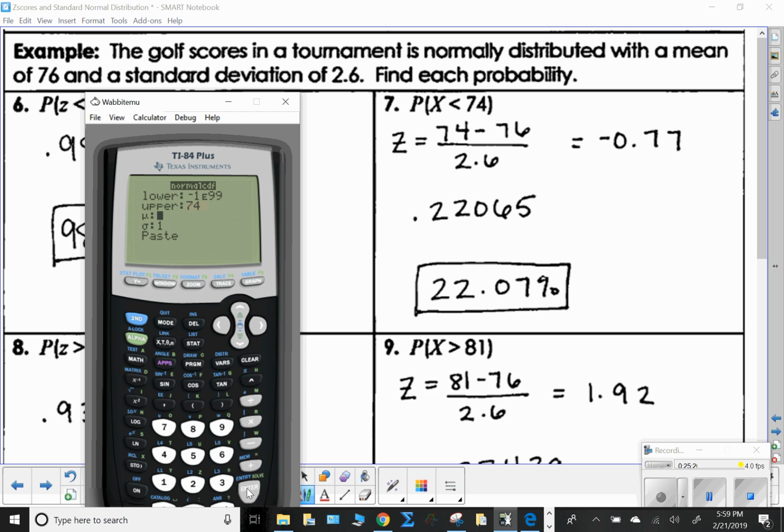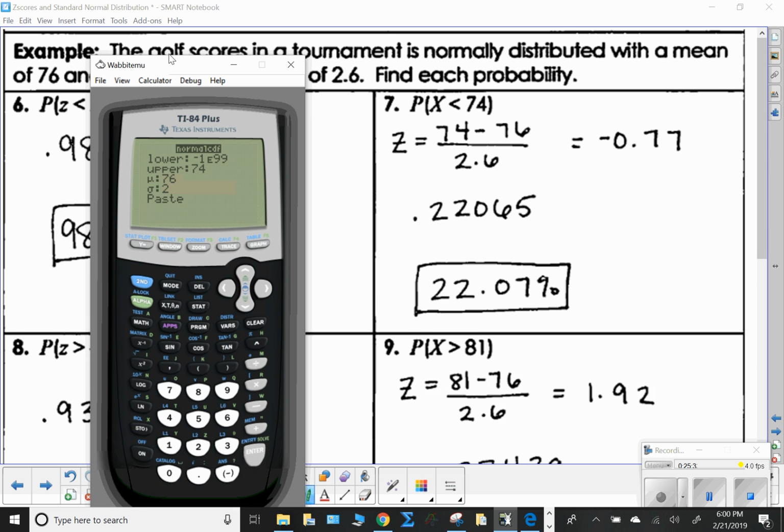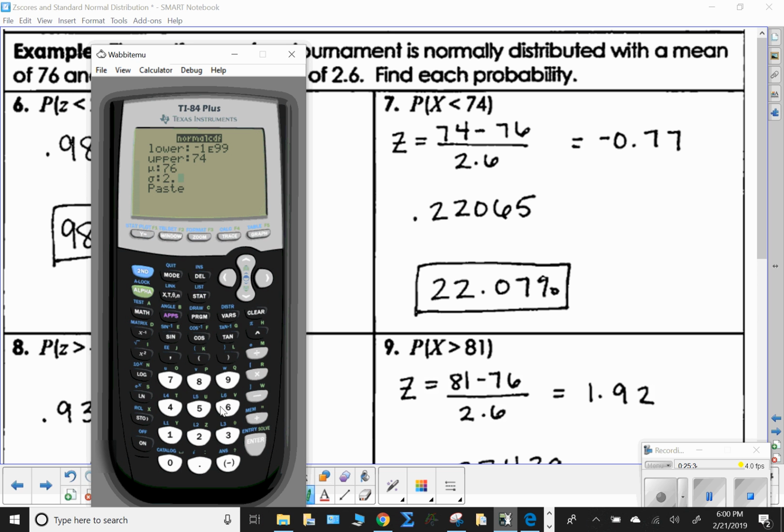My mean is no longer 0 because it's not standardized. I'm looking at the normal curve of just the data. So that's 76, and the standard deviation is 2.6. And I press enter, and I get 0.2208, on and on and on.